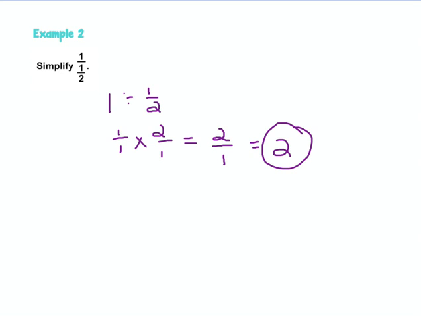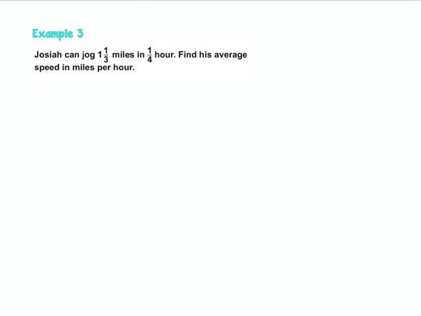Ready for example number 3? Here we go. Here's a word problem. Josiah can jog 1 1/3 miles in 1/4 hour. We're going to find his average speed in miles per hour. So remember, we need to write the rate that compares the number of miles to hours. So let's start out by writing that ratio.